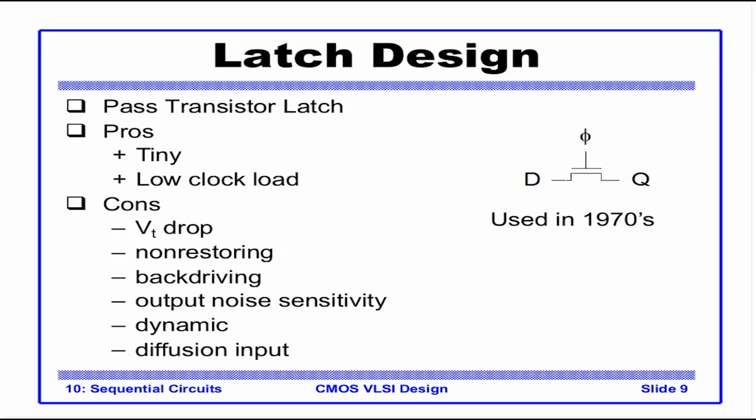It will be non-restoring because the output is not driven by VDD directly. Output is in fact driven by D. It will be back driving because D is connected to Q through the diffusion layer. The effect of this is that whatever noise appears on Q can be back driven to D.